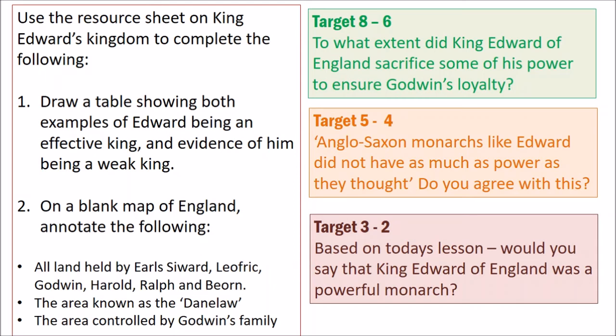Okay, you may of course have far more information than me. I would love to sit and talk to you all day about history, but time is of the essence. Okay, right. The last one should be your blank map of England. So you should have labelled the earldoms led by Siward, Leofric, Godwin, Harold, Ralph, and Bjorn.